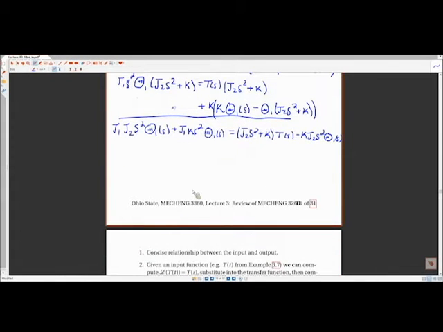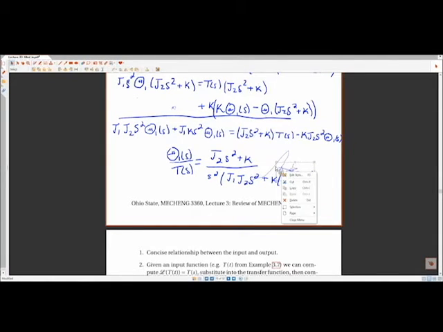And then from here, you can find the transfer function, theta 1 over T is equal to J2 S squared plus K divided by S squared times J1 J2 S squared plus K times J1 plus J2. So that's one of our relationships.